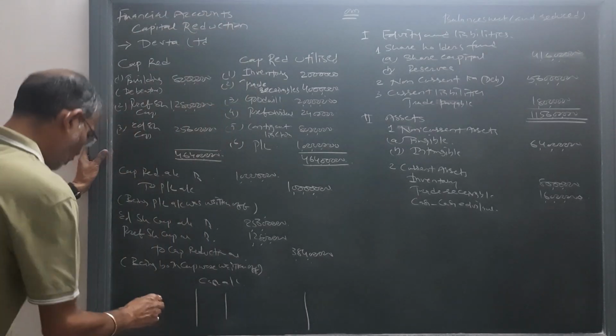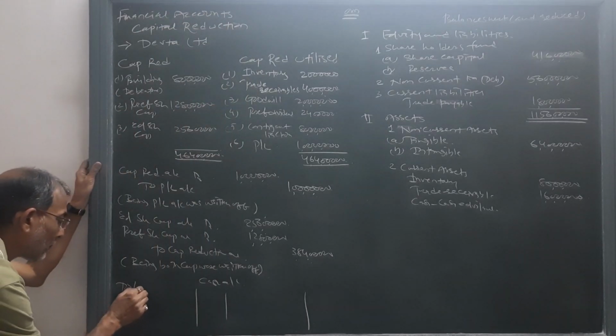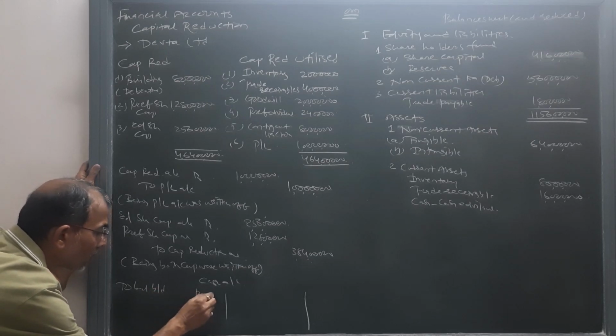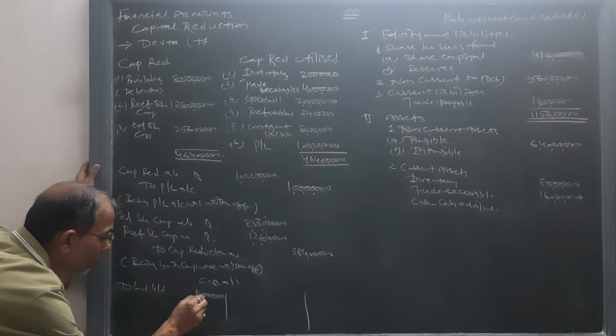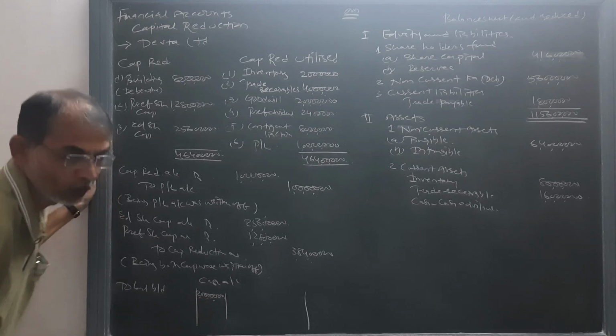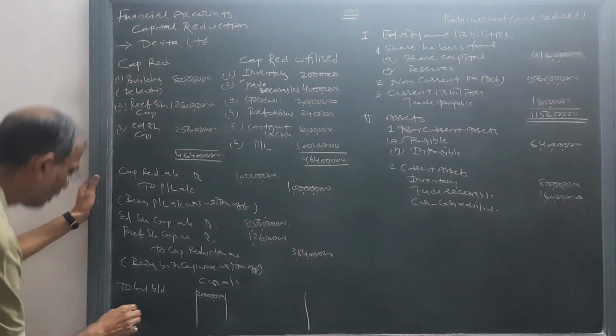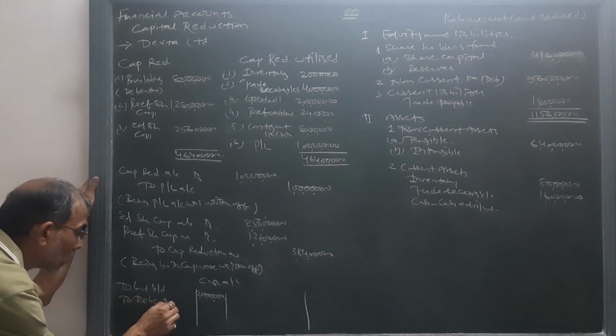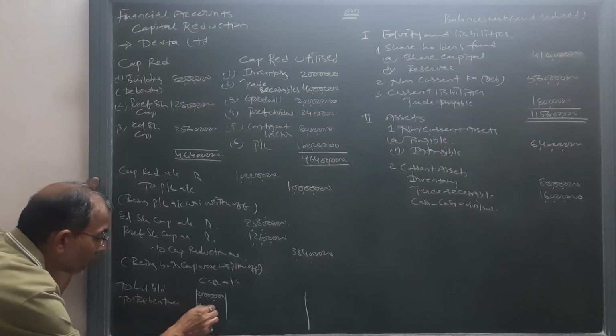Cash and cash equivalent had balance of 2 crore. Then after 2 crore were released by debentures.